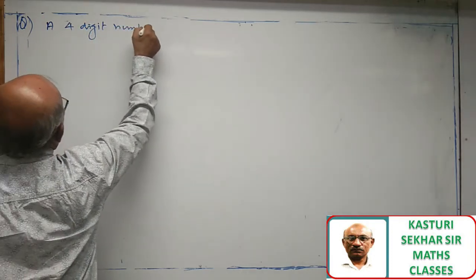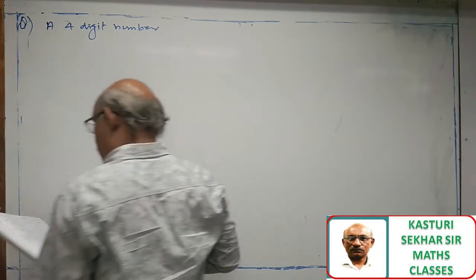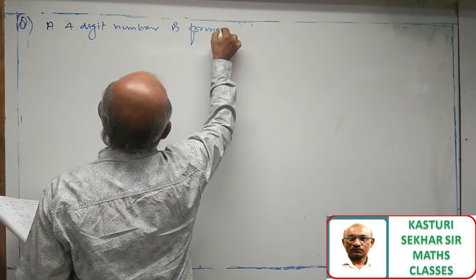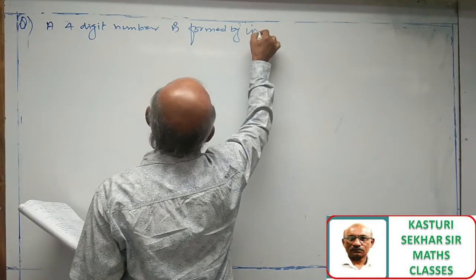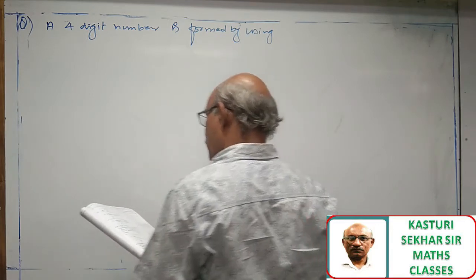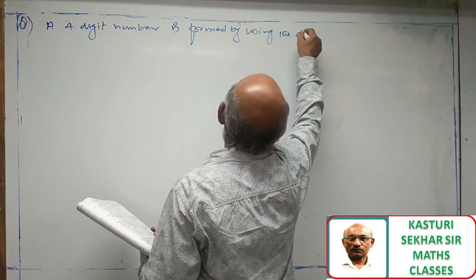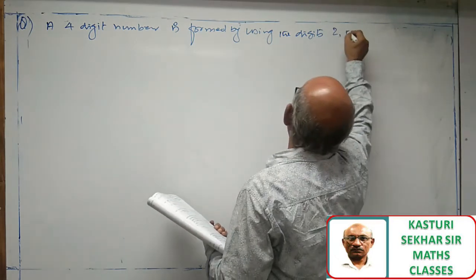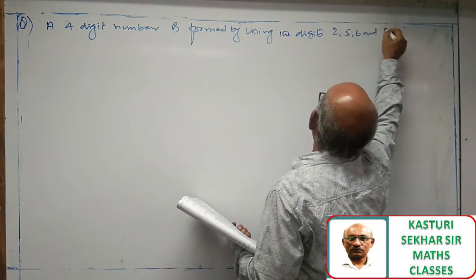A 4-digit number is formed by using the digits 2, 5, 6 and 7.